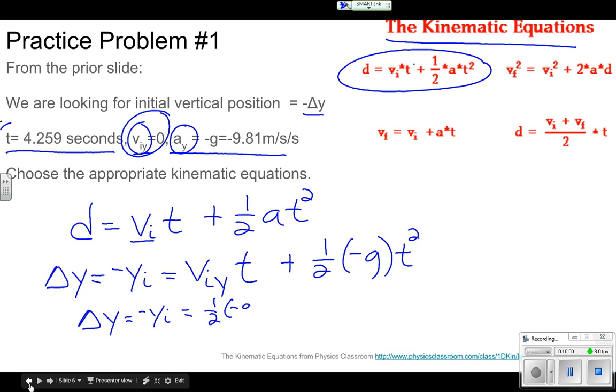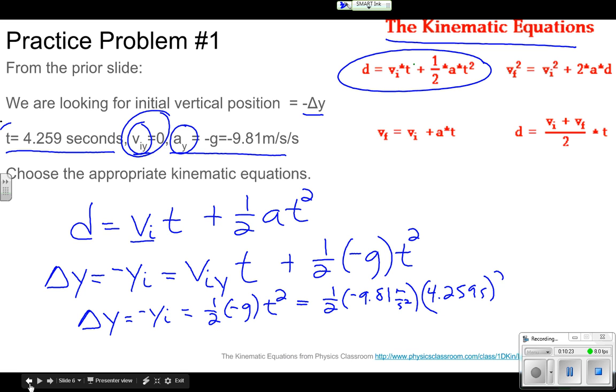times negative g t squared. So now I'm simply going to plug in my numbers and get my answer for my change in y. So 1/2 times negative 9.81 meters per second squared times 4.259 seconds.